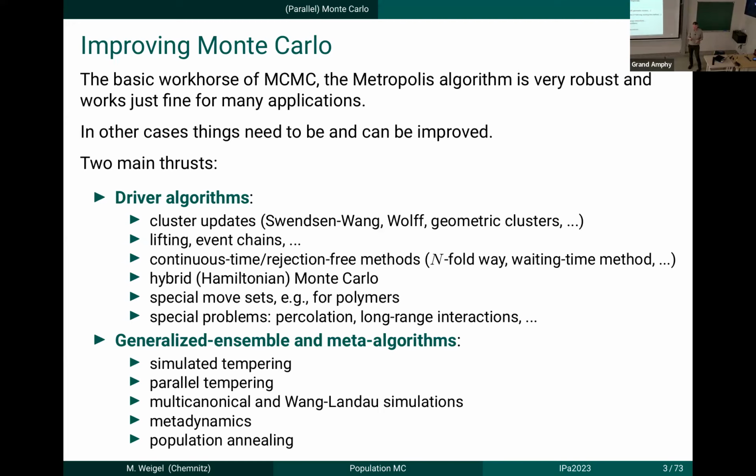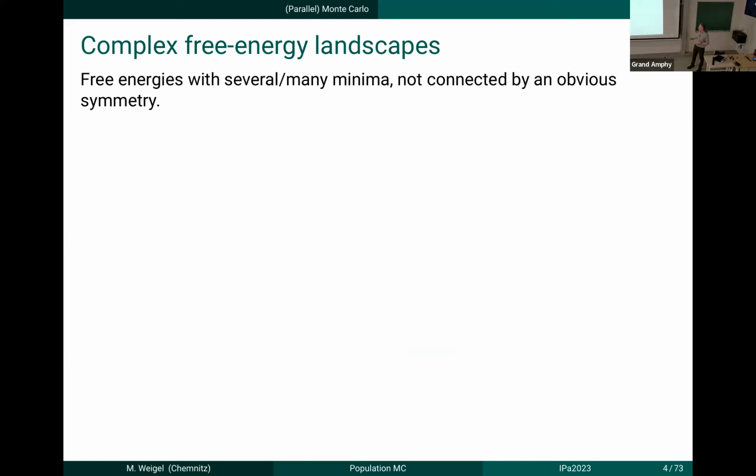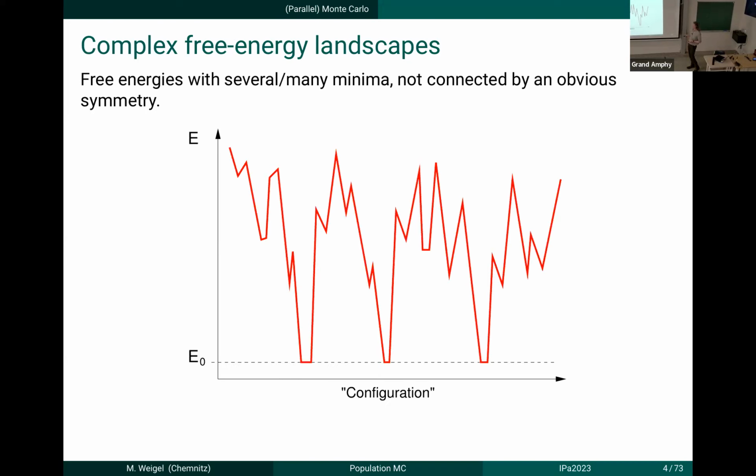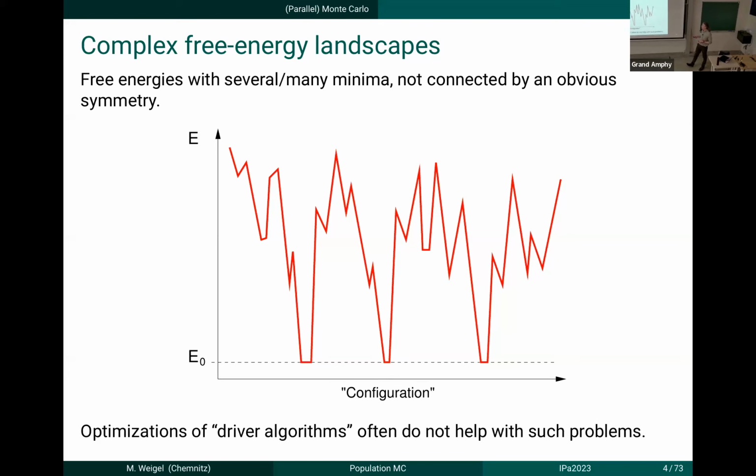So you have to come up with some idea of how to cope with that. Especially if your energy landscape or free energy landscape looks rugged, so you may not have only two or three metastable states, but many metastable states. The keyword here that came up yesterday also is glassiness. If you have problems of that type, then we need algorithms of this kind.